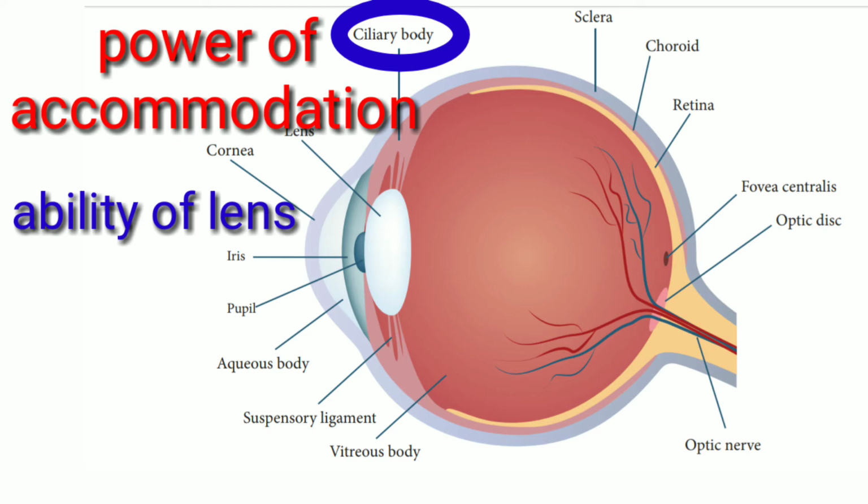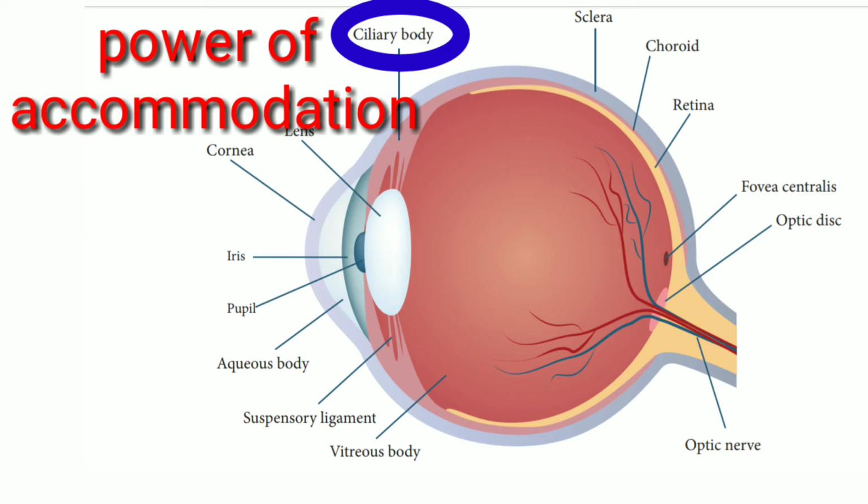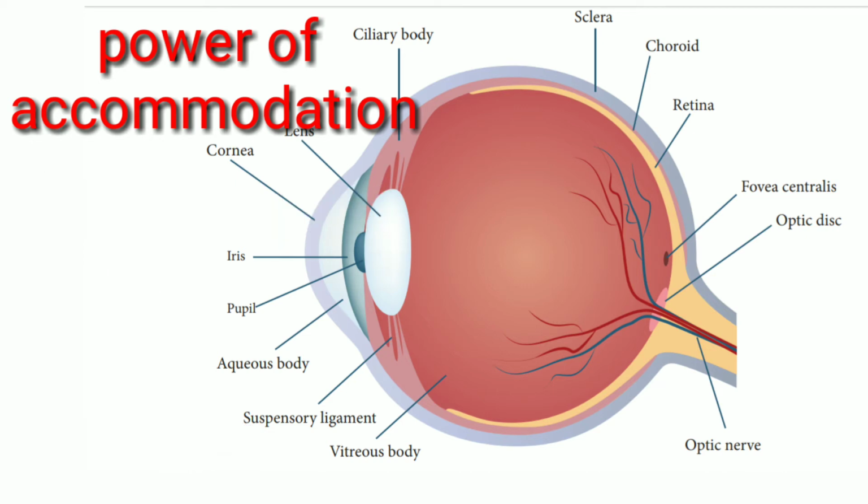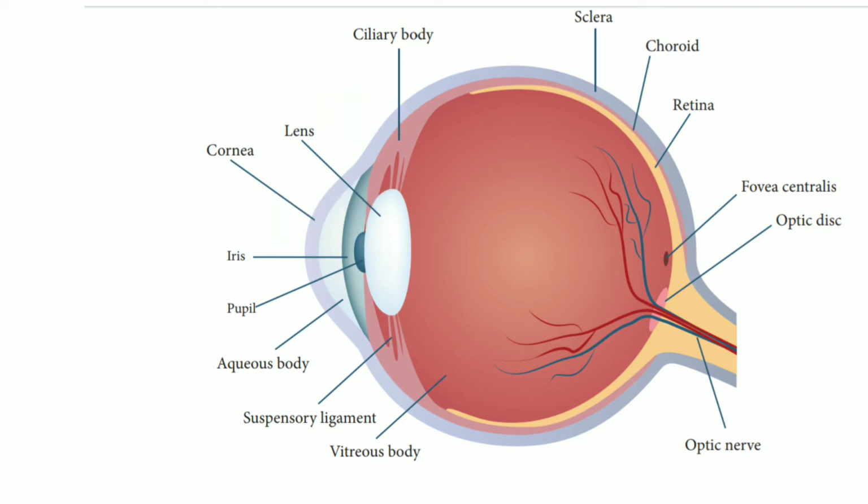When we look at a closer object, the focal length of the eye lens is decreased by the contraction of ciliary muscles. Thus, the image of the closer object is clearly formed on the retina.